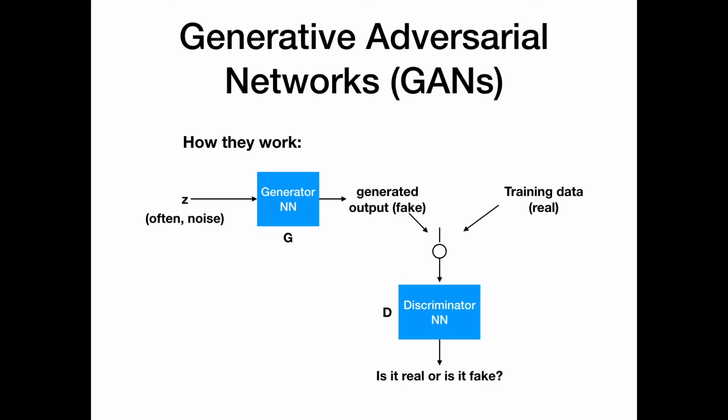So it'll be a convolutional neural network run backwards, where the output is an image and the input would be some numbers. Our input is normally called Z, and it's often just noise, just random numbers that the generator can work with. Different random numbers, you'd expect to get different output. But we don't normally assign any meaning to those numbers.